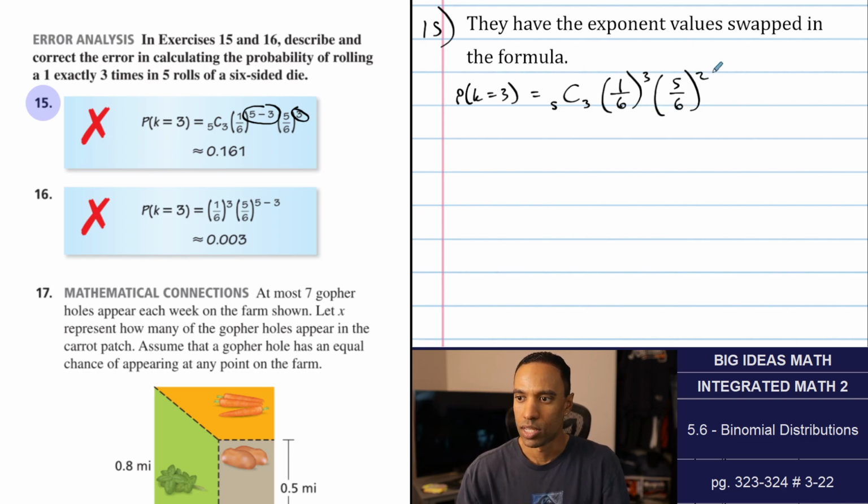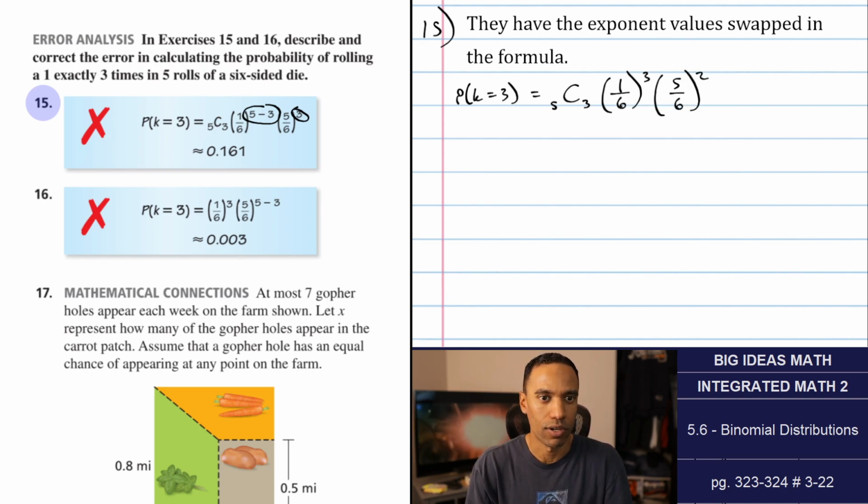Boom. Once again, you can type that in your calculator as needed. I'm going to show you the other version I have. I like to show off this version and make you go, oh, I need a calculator for that. If you're going to take stats, you need one of these calculators anyway. So what is it? 5 trials, probability of success is 1/6, and we're going to land on it 3 times.